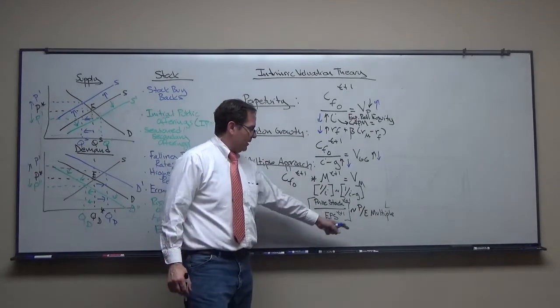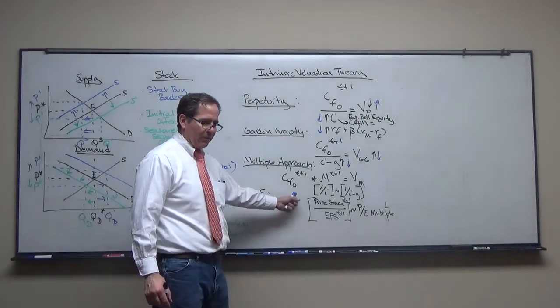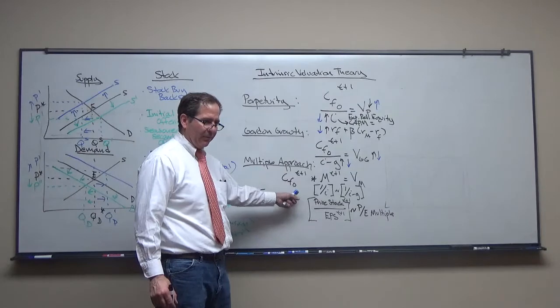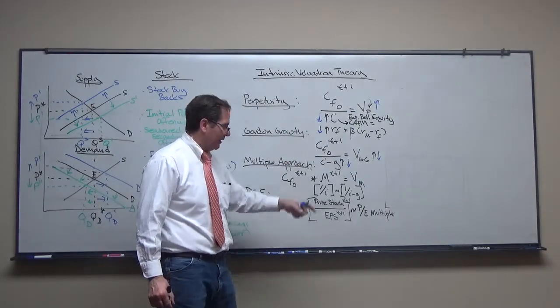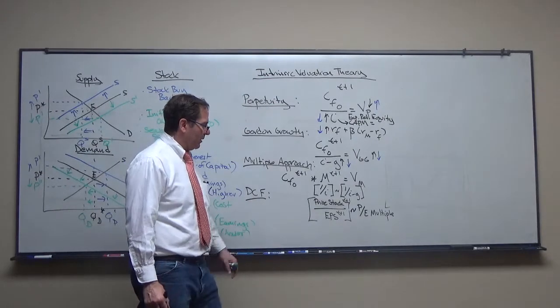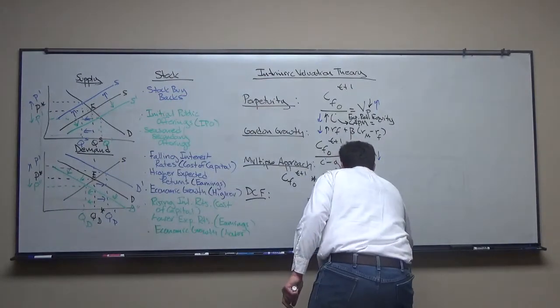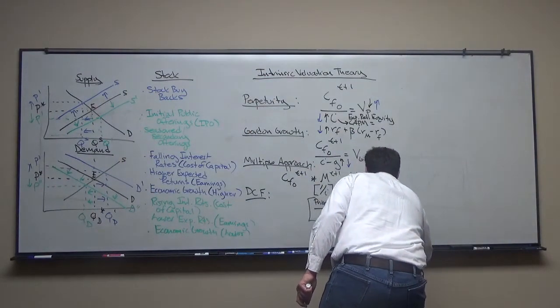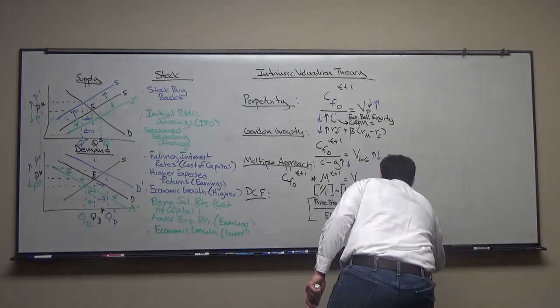I could forecast what I think the stock price is going to be next year, along with the earnings per share, and get a forward multiple. And I could also use other company PE.